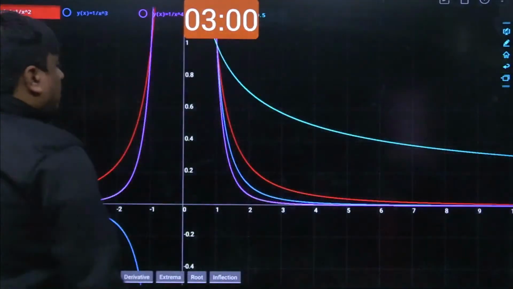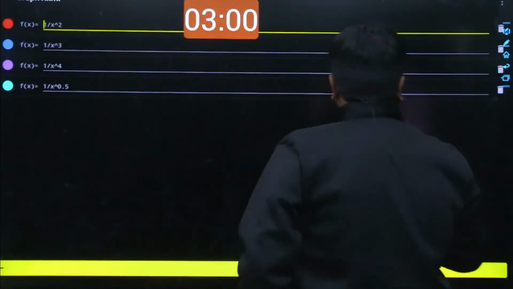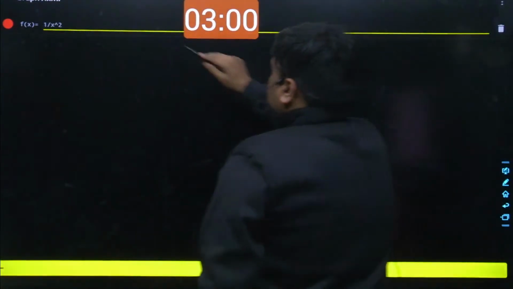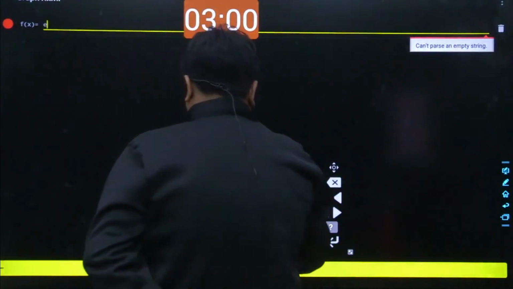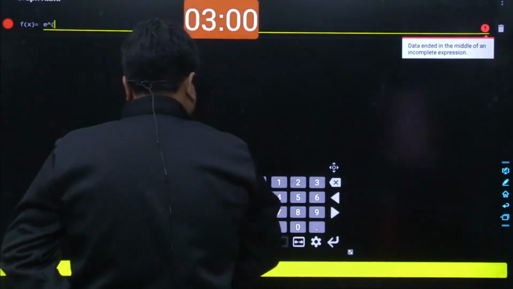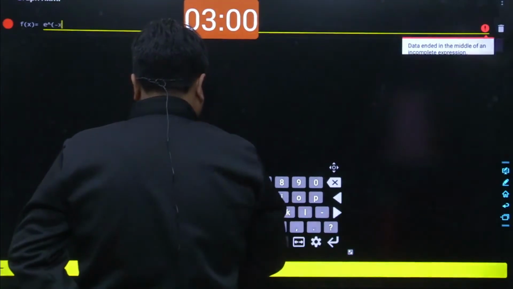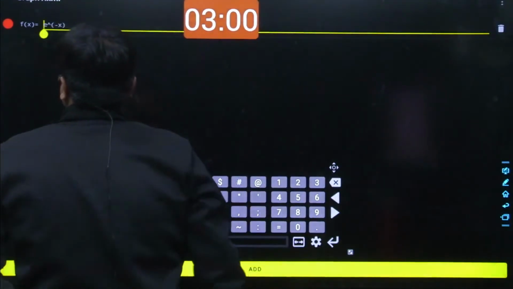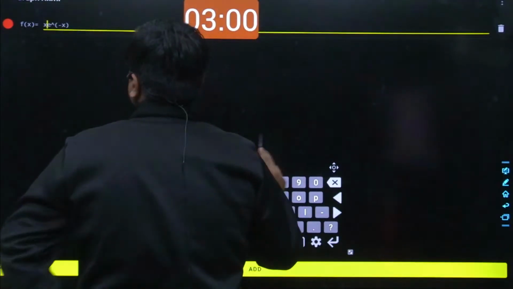Let me draw how e to the power of minus t would look, and then you yourself will be able to understand what exactly I wanted to communicate.